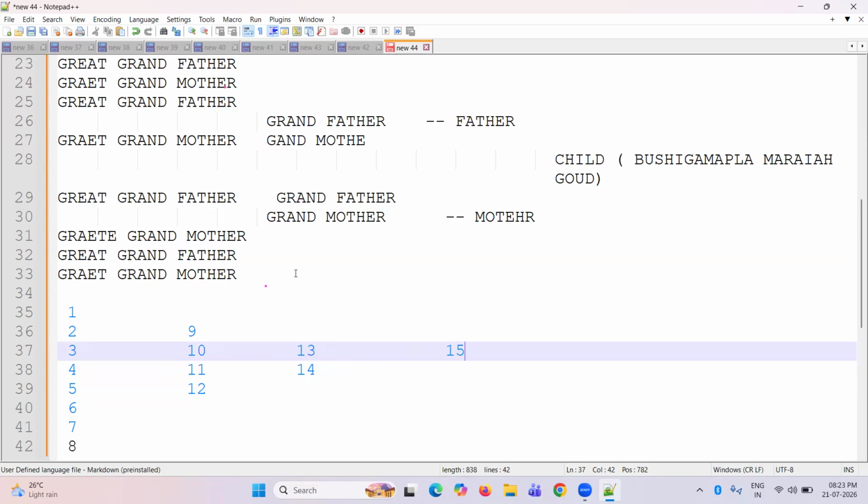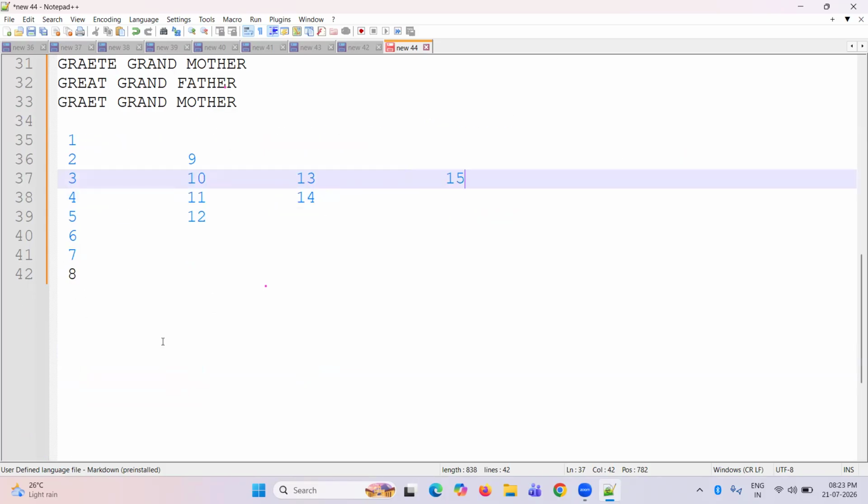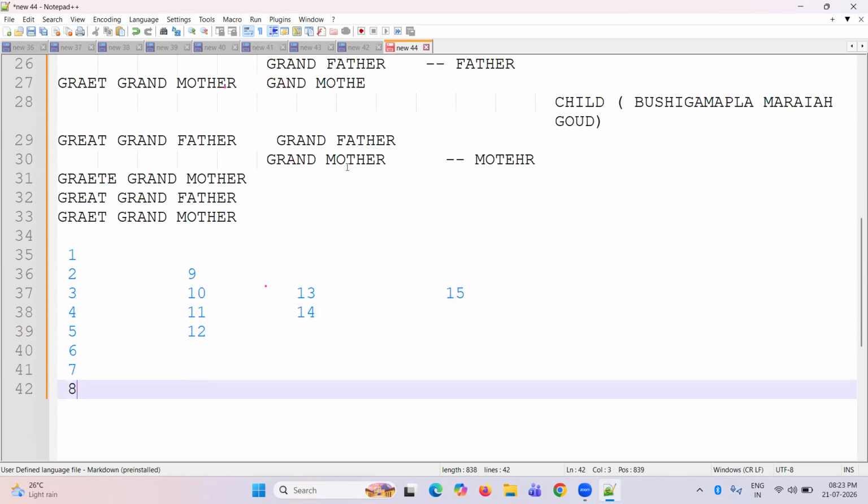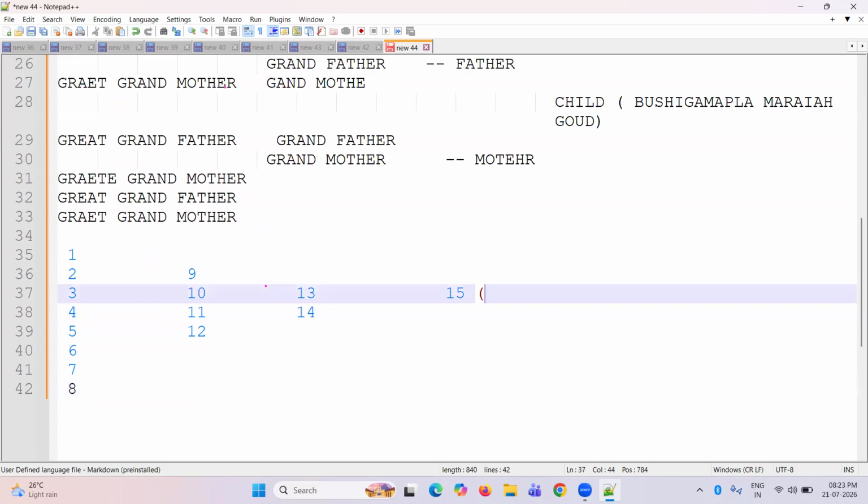Same like 8, 4, and 2. Here for this 15th model, these are the models where it comes from.